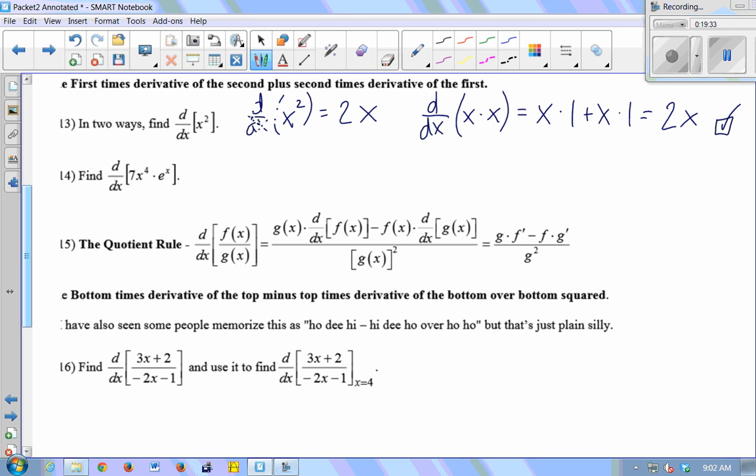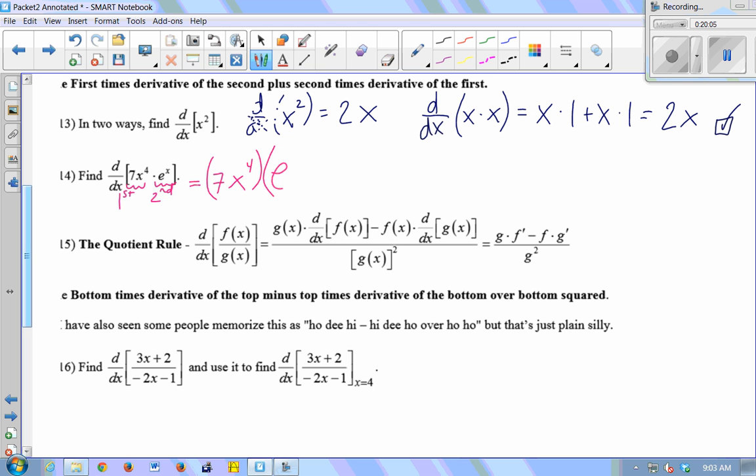All right, let's do one more. d dx of 7x to the 4th times e to the x. So I'm going to call this the first and this the second. The order doesn't matter, right? Multiplication can be done in any order. So when I take this derivative, I say, okay, the first, which is 7x to the 4th, first function, times the derivative of the second function. What's the derivative of the e to the x?